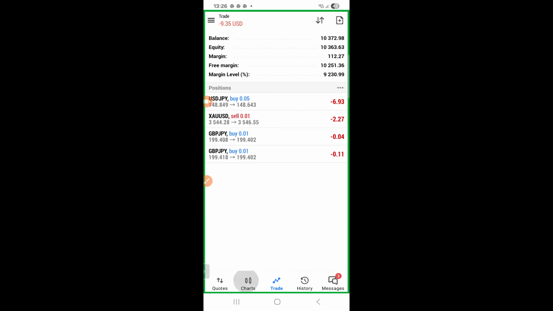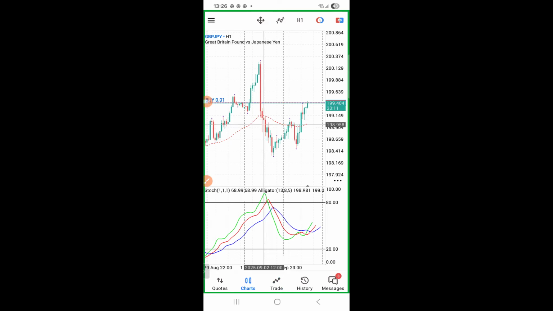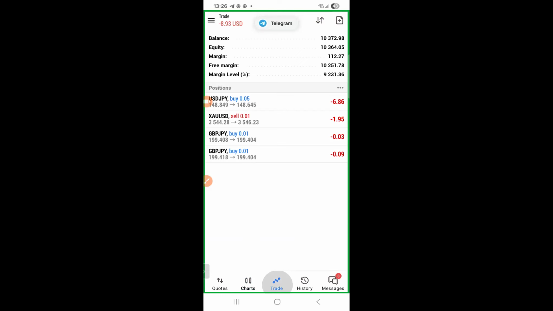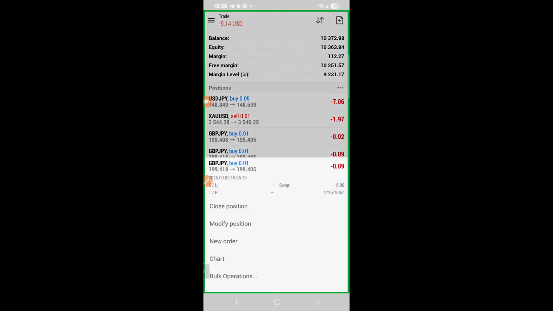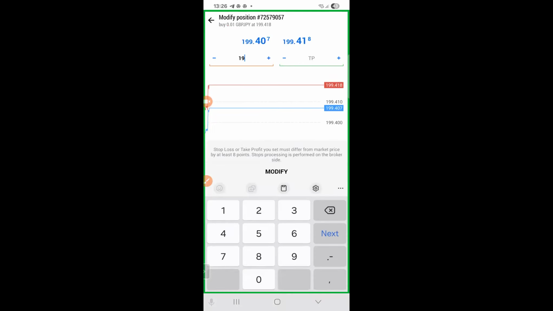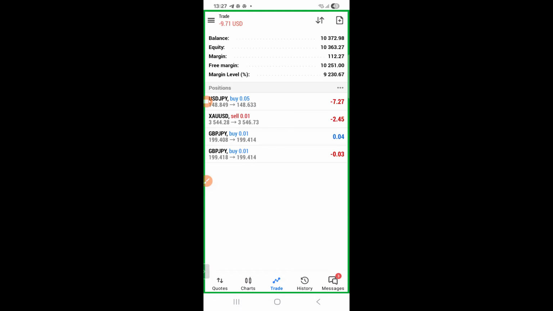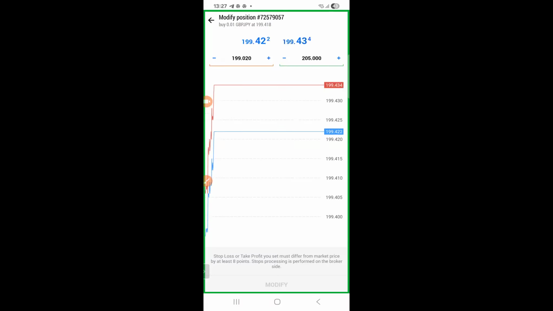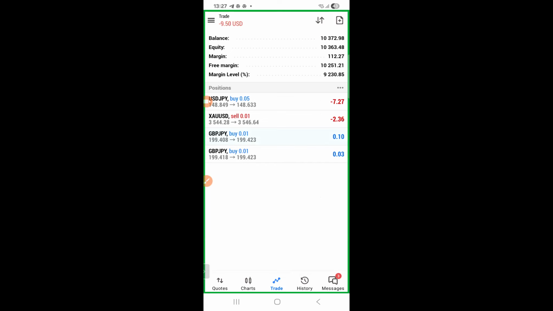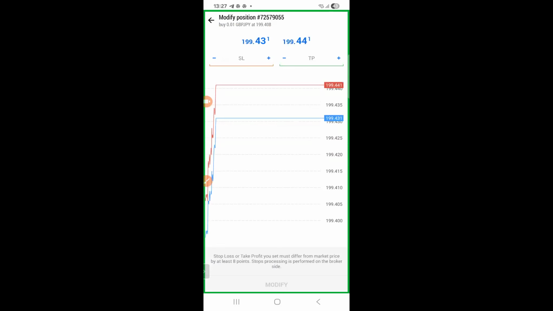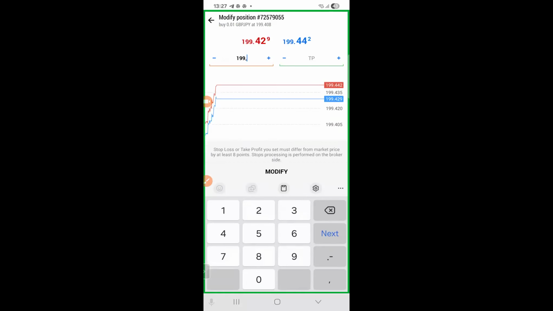So let's look at the GBP JPY. Perhaps let's say I want to set my stop loss here, that's 199.02. My take profit, I don't even know where I'm going to set, 205. I'm not sure I can get there. So let's check. 199.02, same thing. Oh, is this one we just finished now? 199 plus 0.02, 199.02.